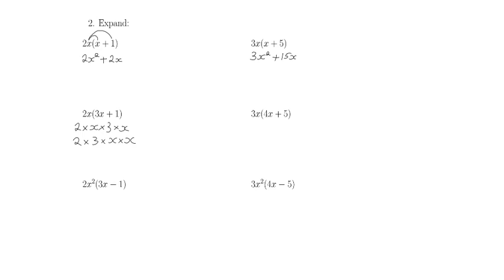2 times 3 we can work out, that makes 6. So we have 6 times x times x. X times x we can write as x squared. So we end up with 6 multiplied by x squared.